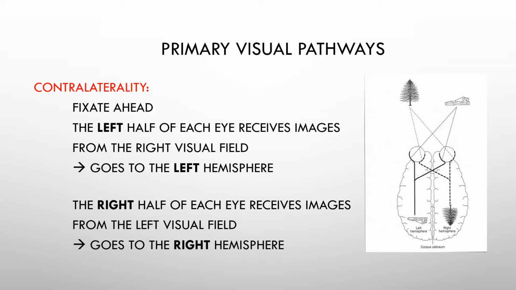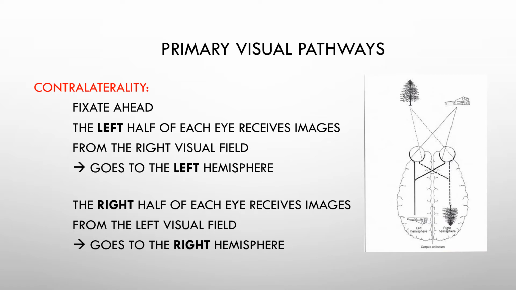So the left half of each eye is getting that kind of flipped, inverted image of the house. Because remember, I'm looking straight ahead, so it's hitting the left retinas and going back to the left hemisphere. If I'm looking straight ahead and the tree is off to the left, that part of the image, because again it's flipped and upside down, is hitting the right half of each retina.